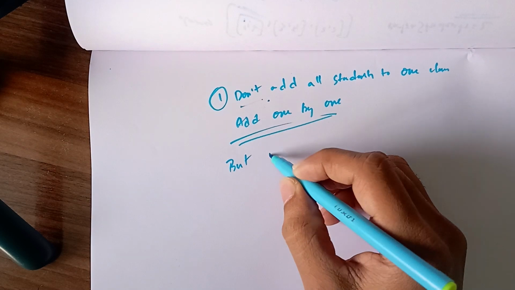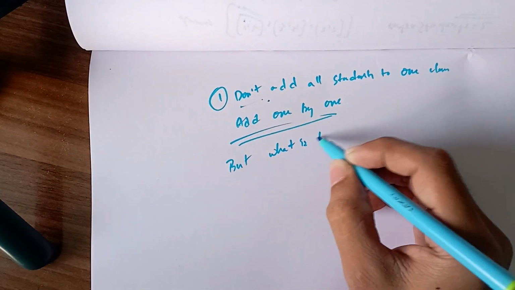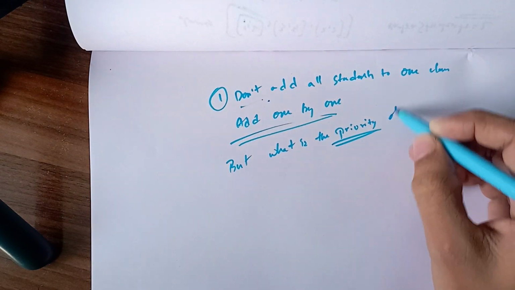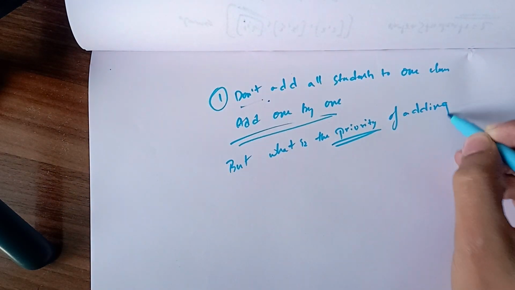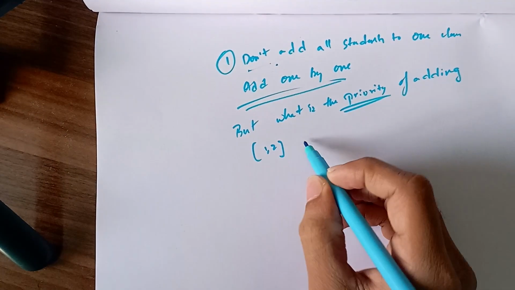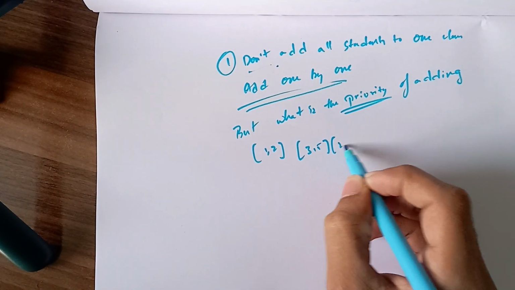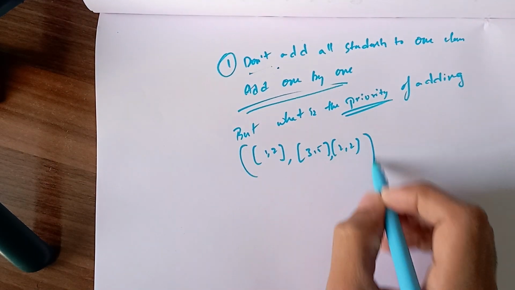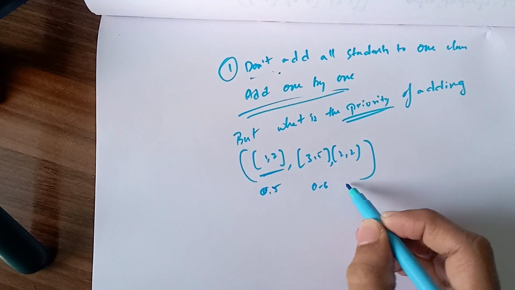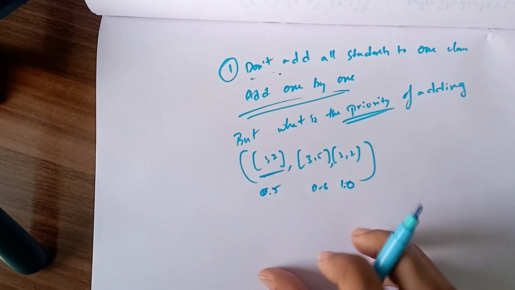But what is the priority of adding? Let us see. We have 1 comma 2, 3 comma 5, 2 comma 2. Initially the ratios are 0.5, 0.6, and 1.0.